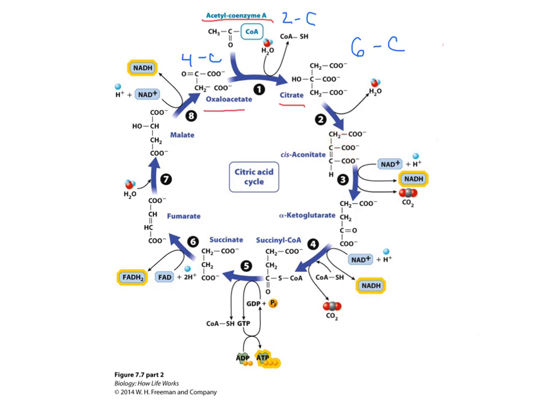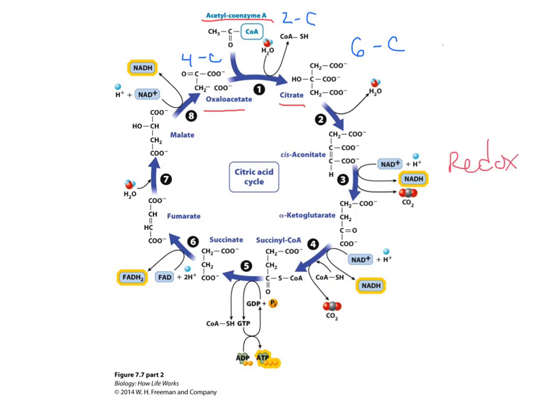From there we convert it to alpha-ketoglutarate. So the first thing is we take 4 carbons, we add 2, that gets us to 6. Now we're going to rearrange those carbons so that we can oxidize them again. This step, number 3, is the conversion of NAD+ to NADH, so you should see that as a redox reaction.